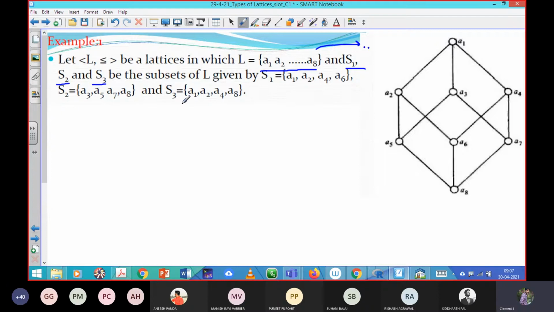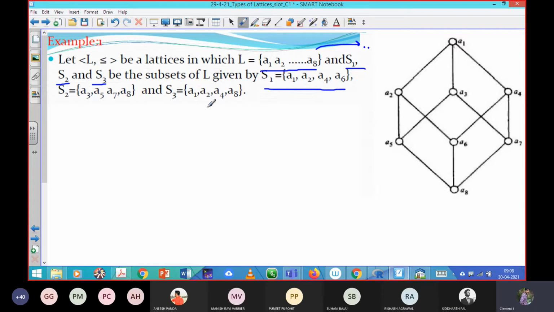S1 is A1, A2, A4, A6. S2 is A3, A5, A7, A8. S3 is A1, A2, A4, A8. Our task is to check whether S1, S2, S3 are sublattices or not, and give your justifications. That is the question asked.